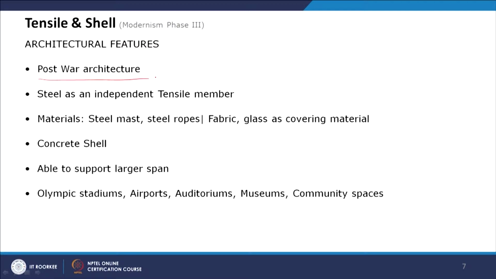Because it was post-war architecture, the curvilinearity and the dynamism could be constructed. And the building types we have already discussed require larger spans, and these building types started evolving after the post-war scenario.